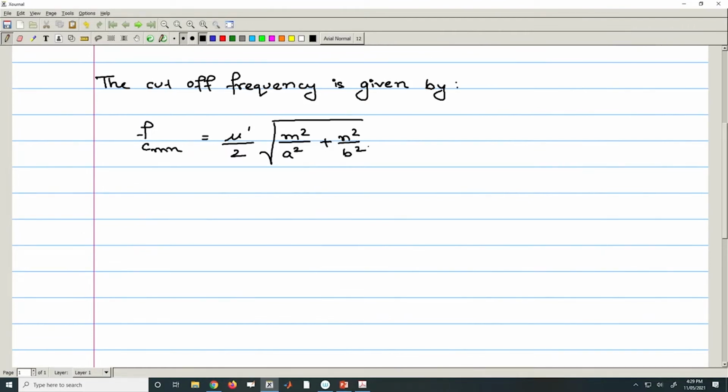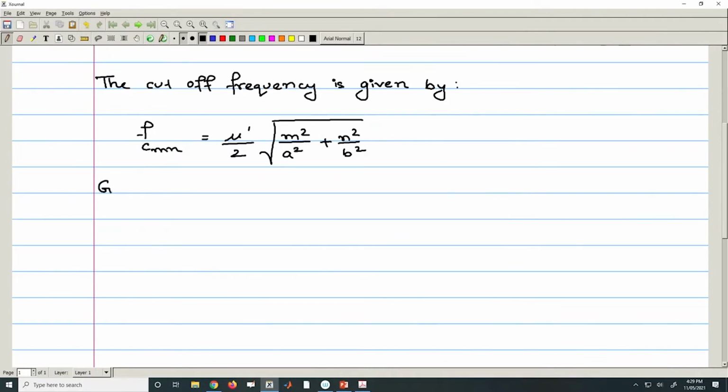Okay. So, the cutoff frequency is given by f_c equals u prime by 2 root over of m square by a square plus n square by b square, where m and n are the indices for the modes.